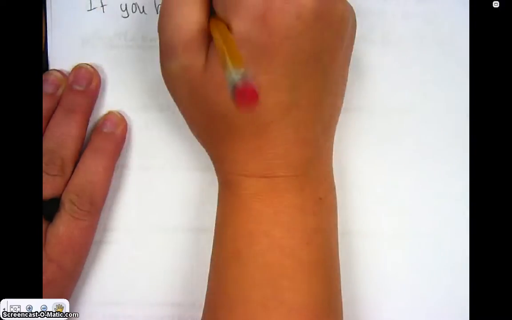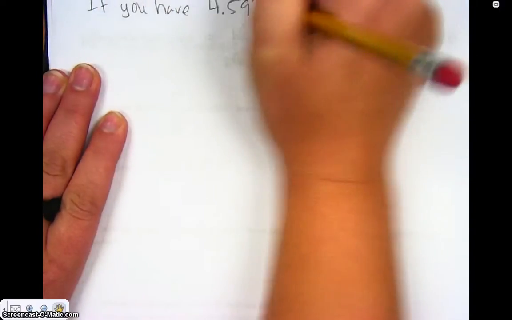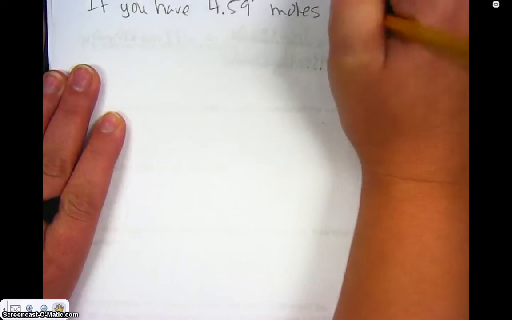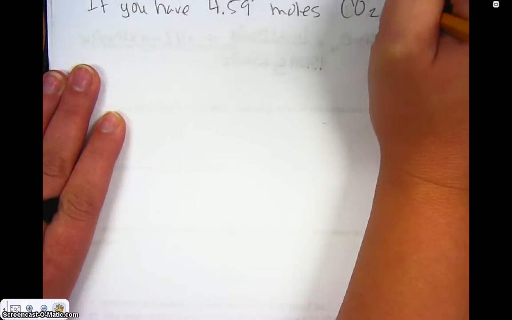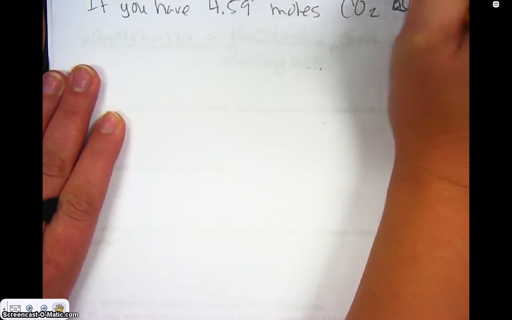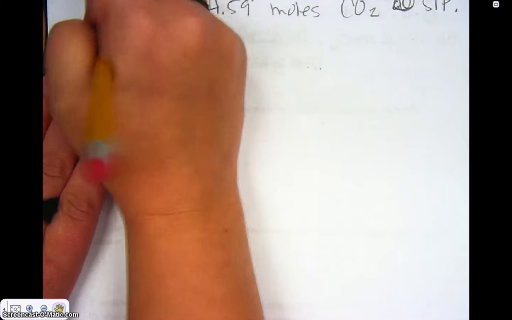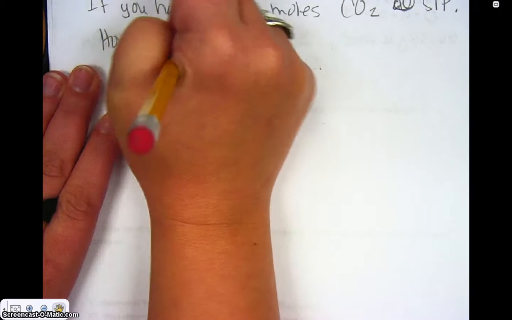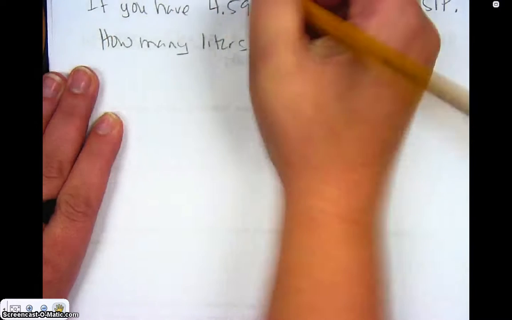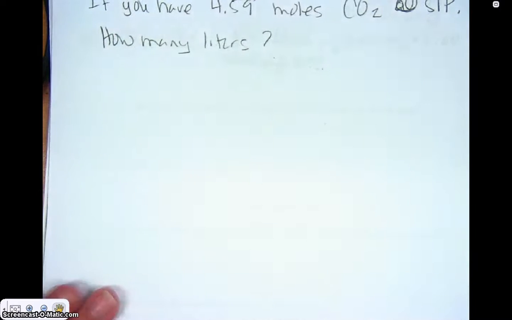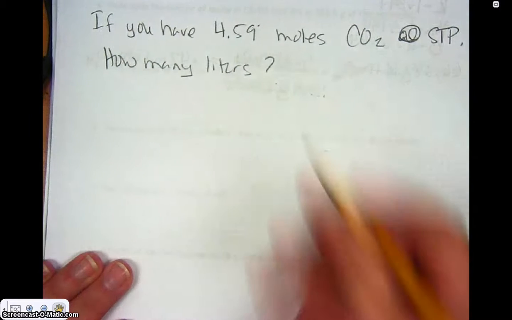Okay. So let's say that we have carbon dioxide, 4.59 moles of CO2 at standard temperature and pressure. How many liters, or what is the volume of that gas that you have? We always start by writing what we have.